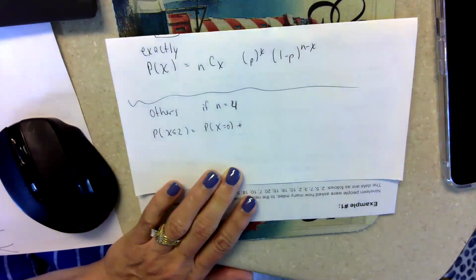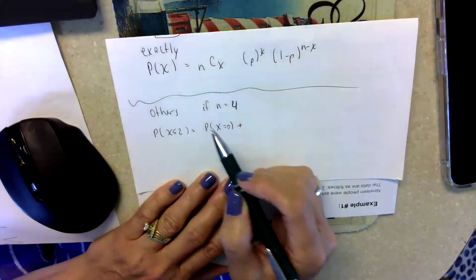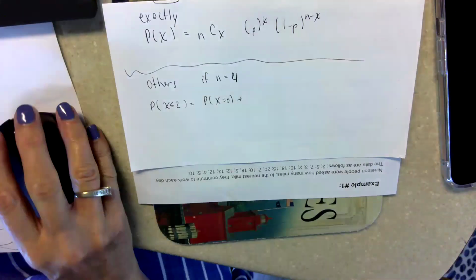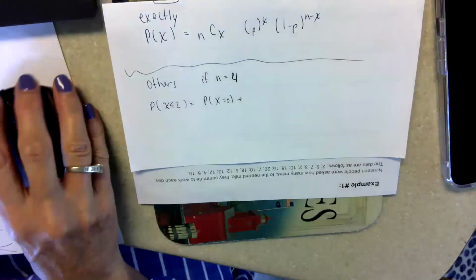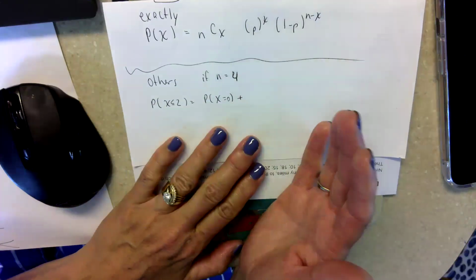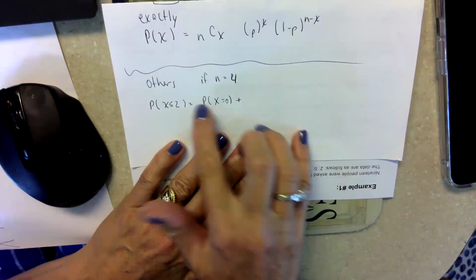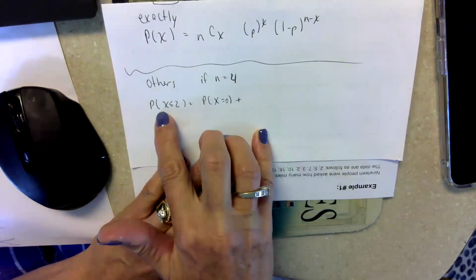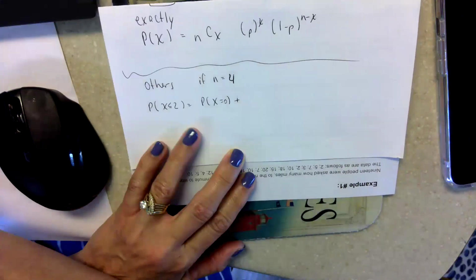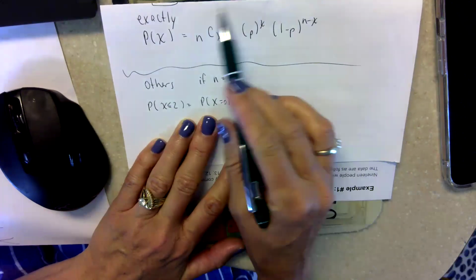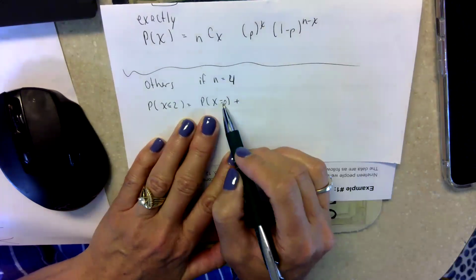Now, when we get to the other situations, and you're all looking at the explanation in ALEKS, which I love that you're being independent, but their explanation is way more in depth than what we need to do. Let's say I had n equal to 4, and I wanted to find the probability of x less than or equal to 2. That means I could use this formula up here to find the exact probability for x equal to 0.